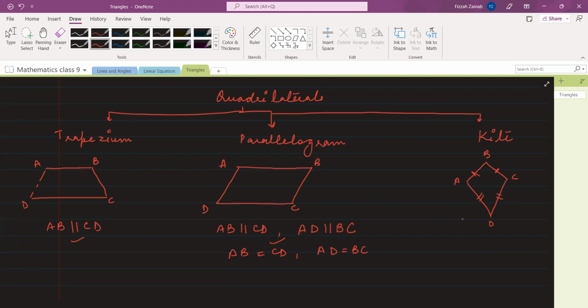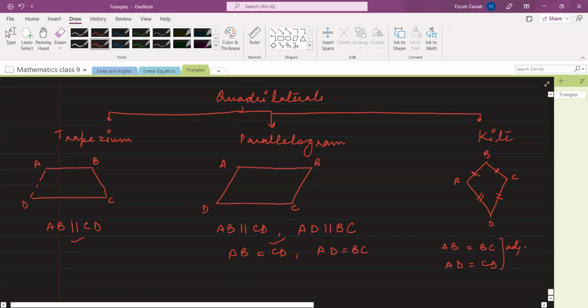Adjacent means just connected to each other, one after the other. So AB is equal to BC and AD is equal to CD. So adjacent sides are equal. So this is kite, right?